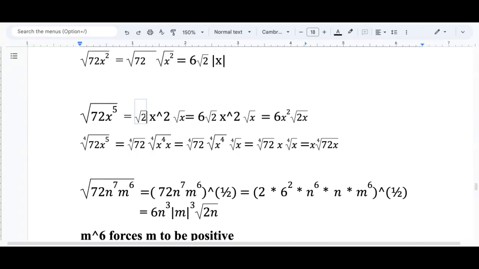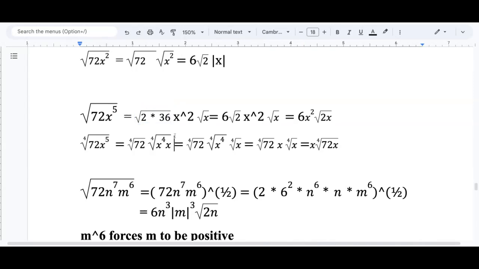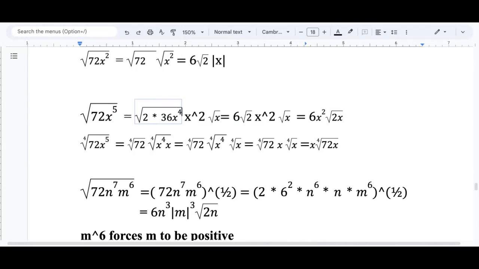72 is 2 times 36, right? And the x raised by 5 is x raised by 4 times x.